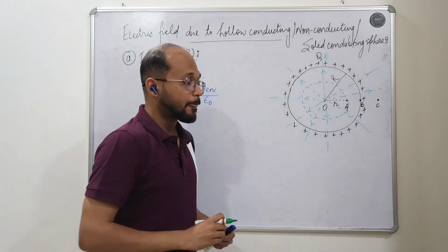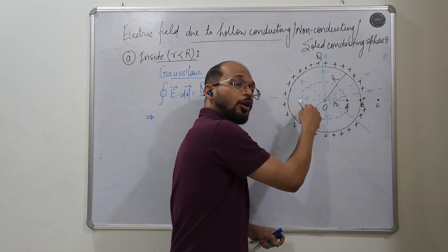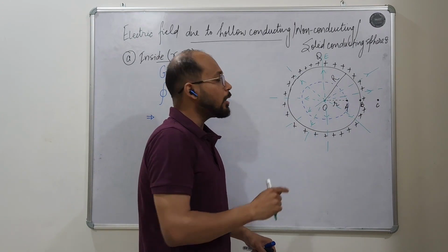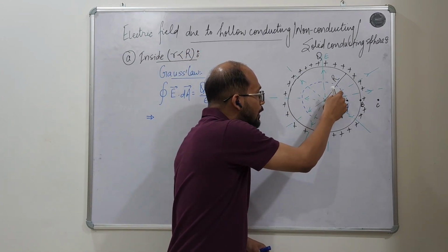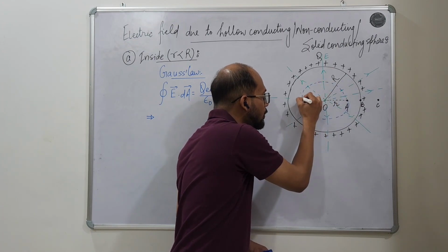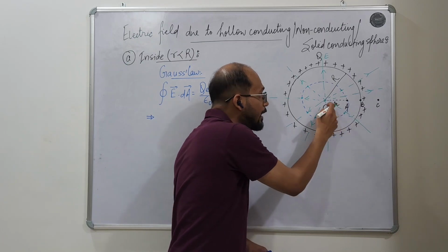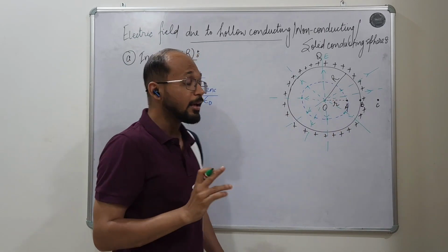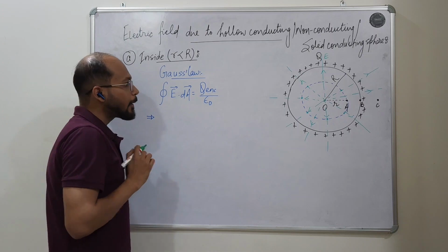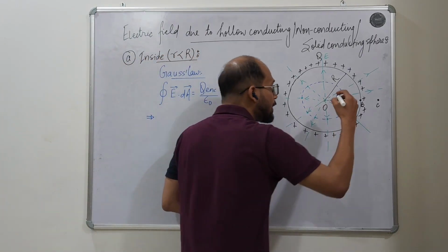So we can say the electric field at every point on the Gaussian surface will be equal, because each and every point on the Gaussian surface is at an equal distance from the center. So the electric field will be constant, and we will choose an elemental area here.